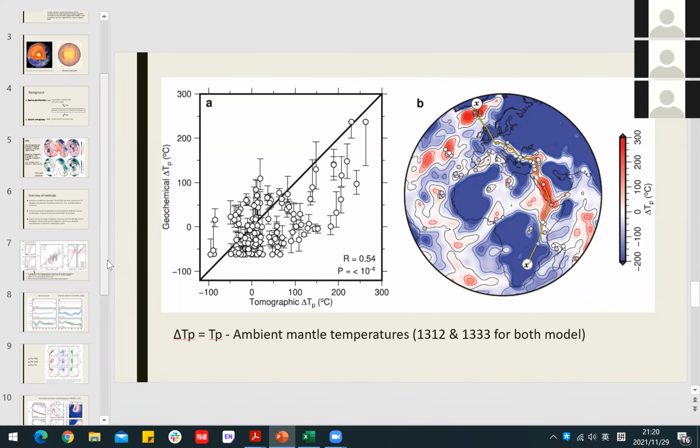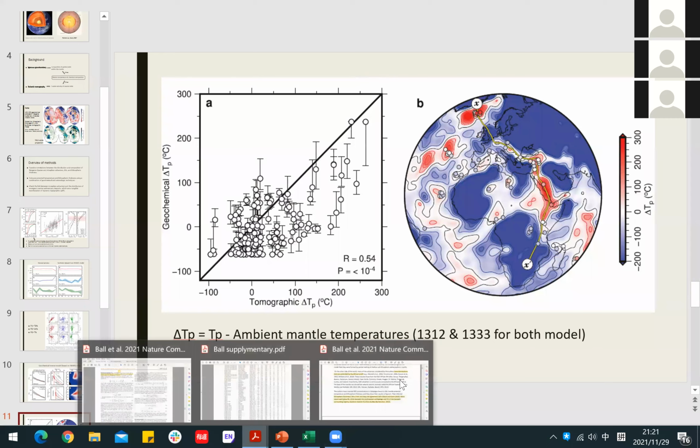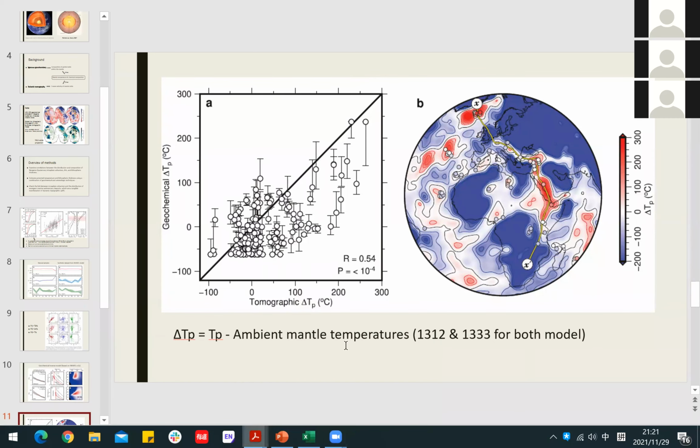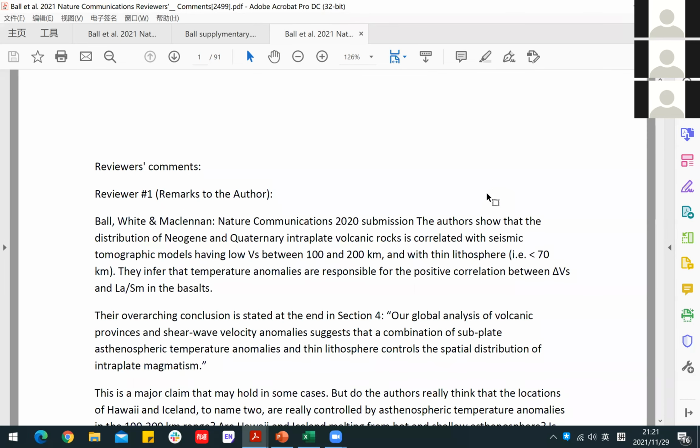Contrary to what we thought about it before. But to me that still lacks in the reviewers' comments. Reviewer number one was really debating with them in terms of the large low shear velocity provinces, the signals from the deep mantle, from lower mantle.